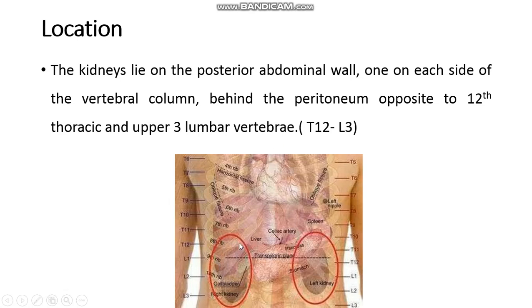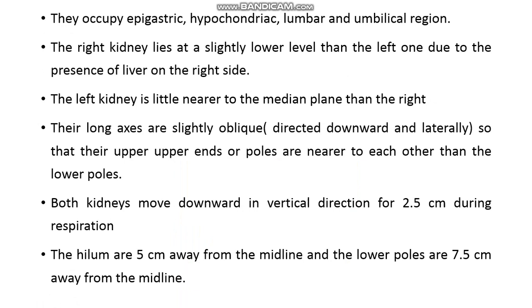In this picture it is clear that both kidneys are located on either side of the vertebral column, posterior, just behind the peritoneum, and opposite to the T12 to L3 vertebrae.